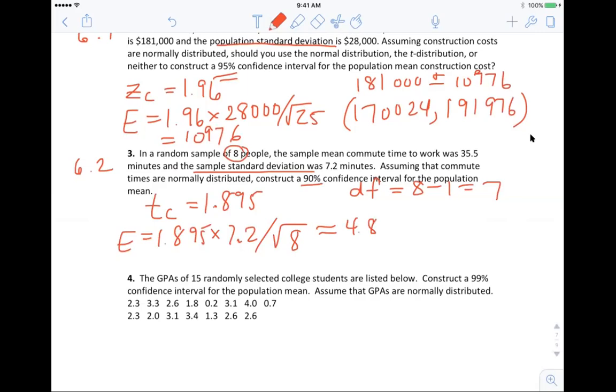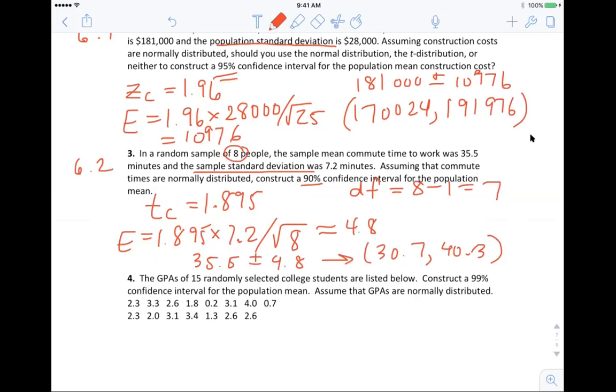So that's the 35.5 plus or minus 4.8. And then we'll get our final answer. So that's going to be 30.7, 40.3. All right. So those are two good examples of the difference between 6.1 and 6.2.